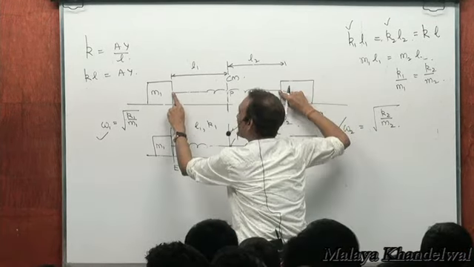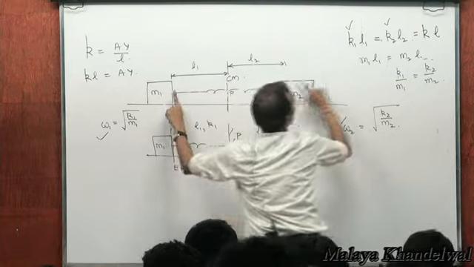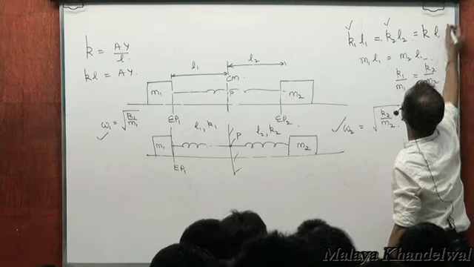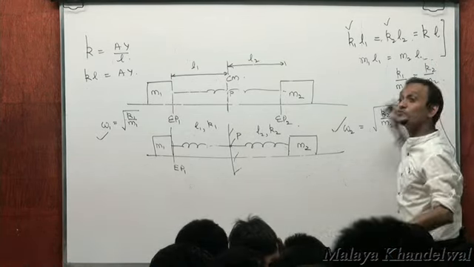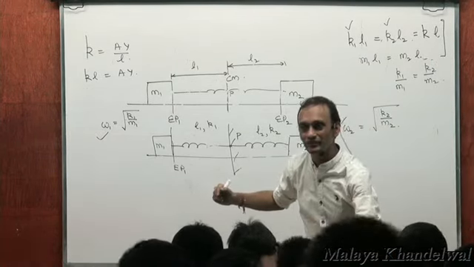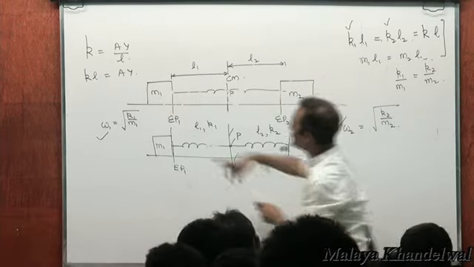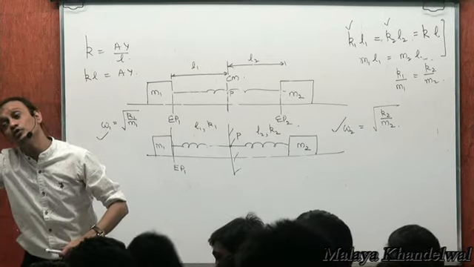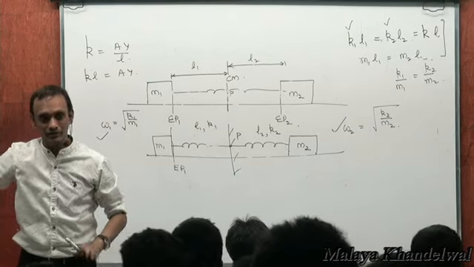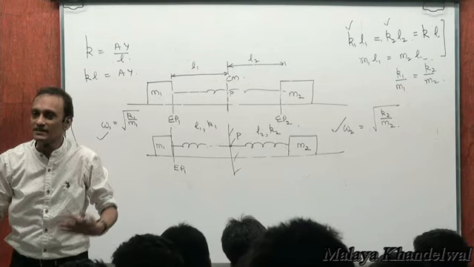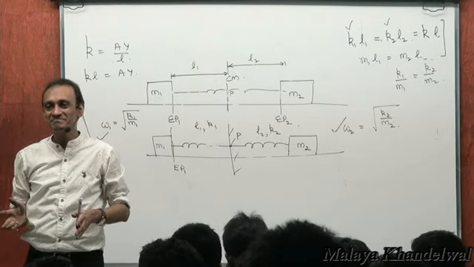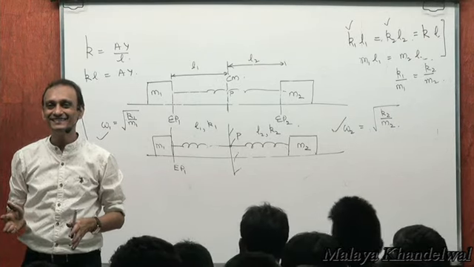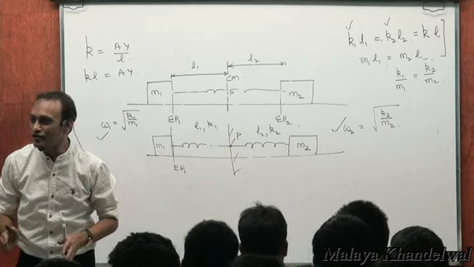This was the entire spring k and had a length L. So that's also equal to k into L. So you can solve for k1 and k2 using these conditions in terms of k, and plug into this, you will get omega equal to root k divided by mu, where mu is m1 m2 by m1 plus m2. Right? That's another way of looking at the entire system. Do you get me right on this? Yes. Right now? Seems all right so far?